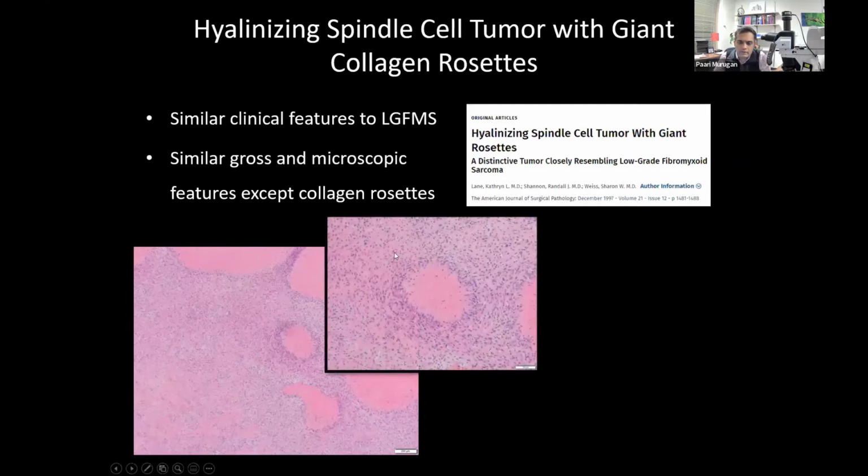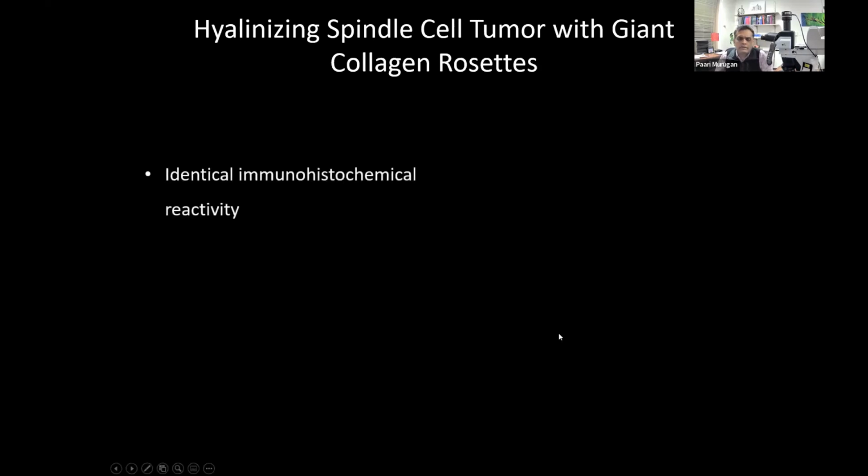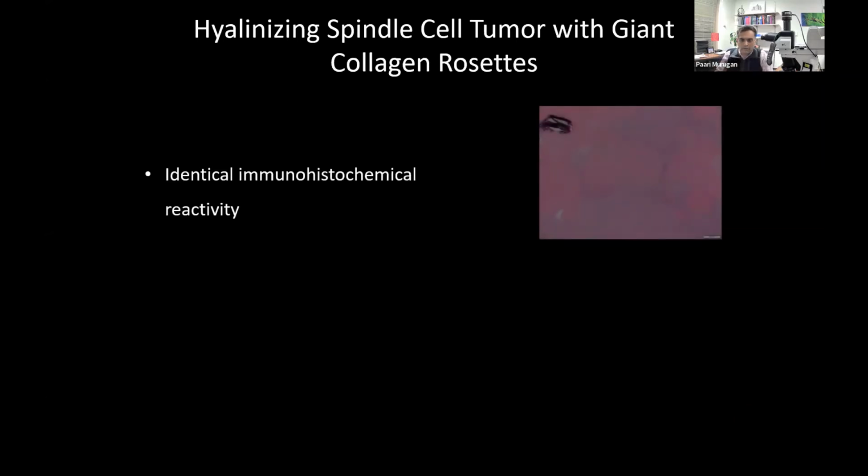So closer look at this collagen rosette, you could see that it almost looks like a flower, and it's surrounded by a palisading population of these spindle cells. Our case also showed somewhat similar or comparable features where we saw these collagen rosettes and these spindle cells in the background. So not only do they have the comparable clinical and morphological picture, they also have identical immunohistochemical reactivity.